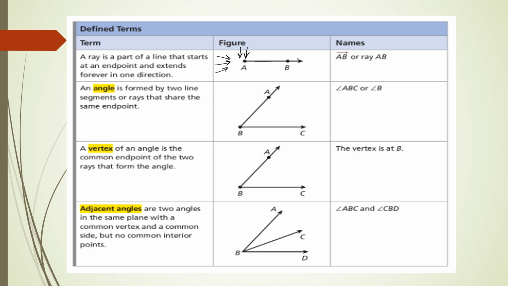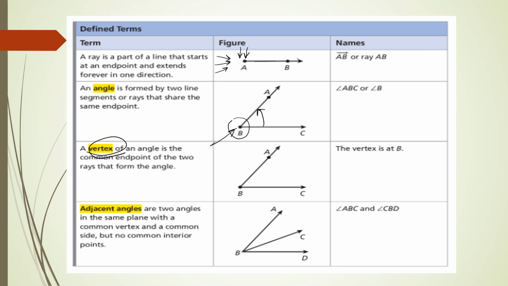Now when the end points of two rays combine at a certain point, they make an angle, and the meeting point of those end points, or the tails of the rays, is said to be the vertex. Since the angle is the combination of two rays, it is a defined term.